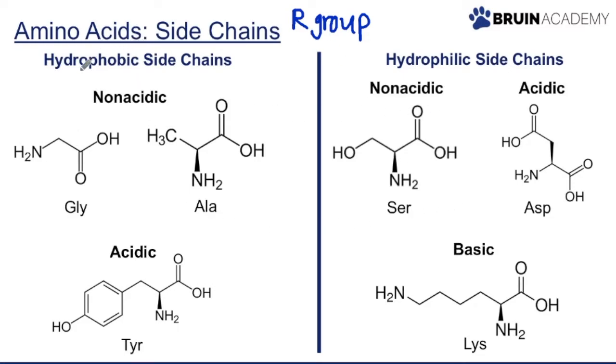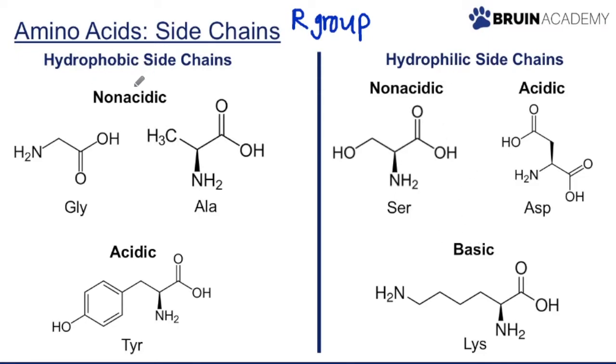So we have hydrophobic side chains and hydrophilic side chains. And within these categories, we have hydrophobic non-acidic side chains and hydrophobic acidic side chains. And similarly, we have hydrophilic non-acidic, acidic, and basic side chains.